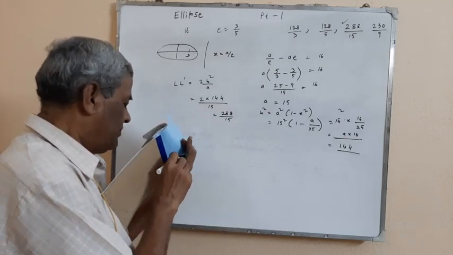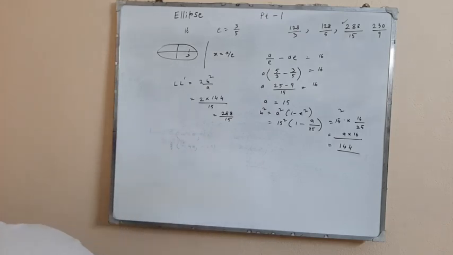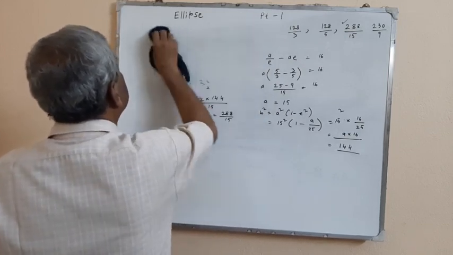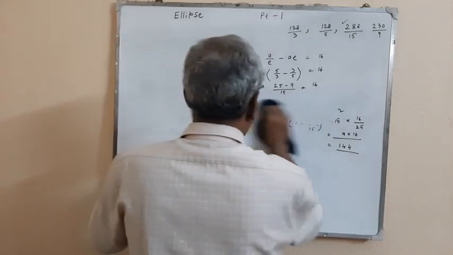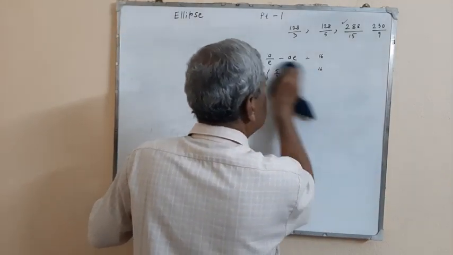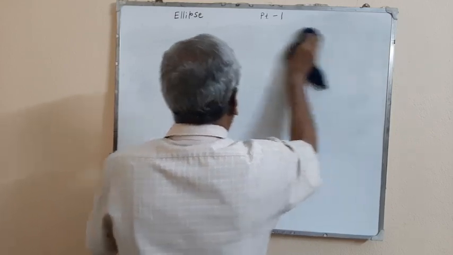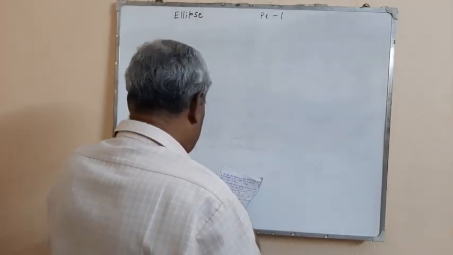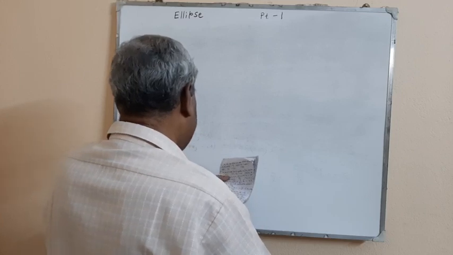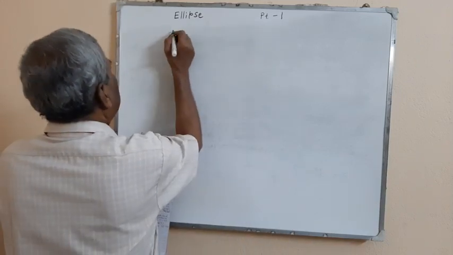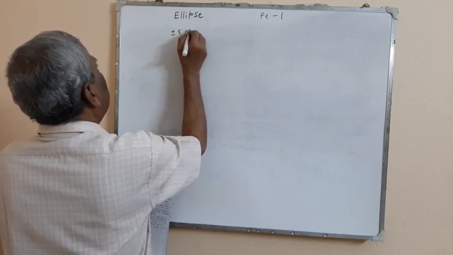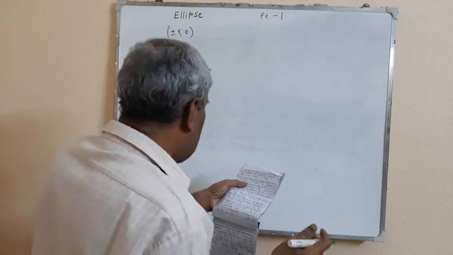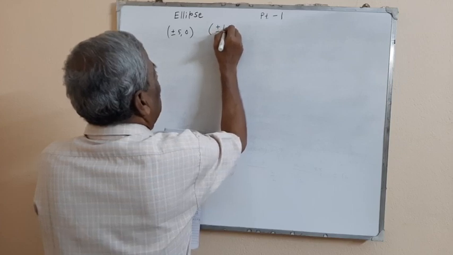So our next problem. The equation of an ellipse having vertices plus minus 5, 0 and foci at plus minus 4, 0.